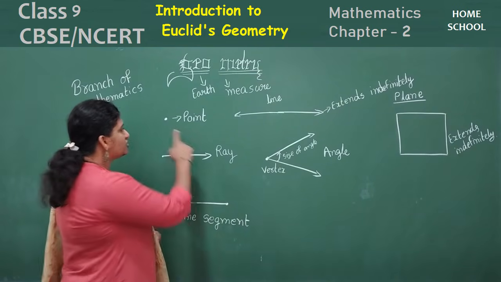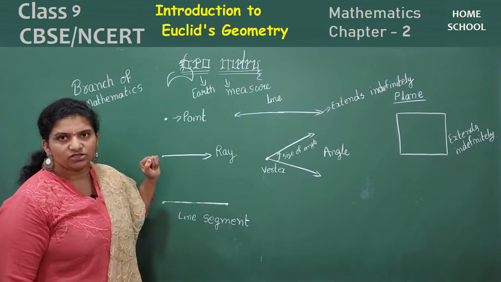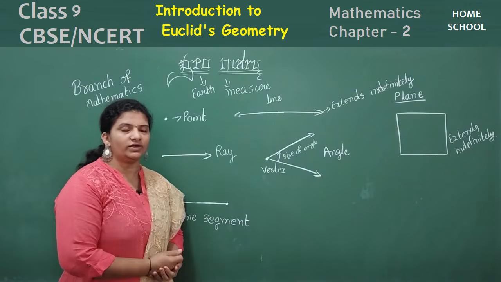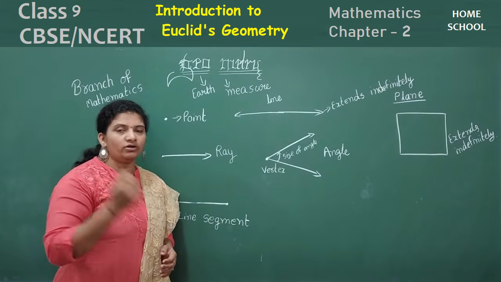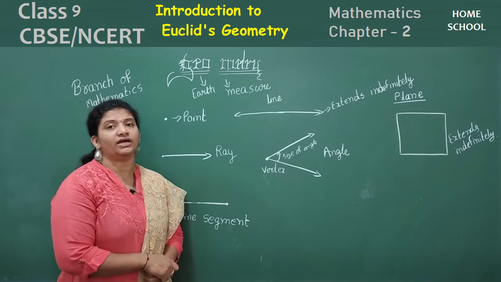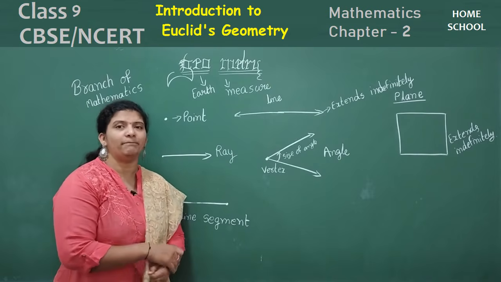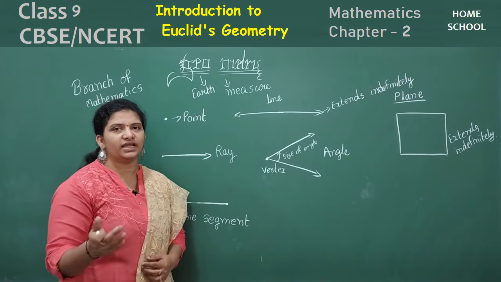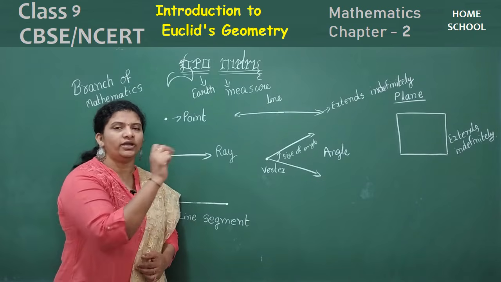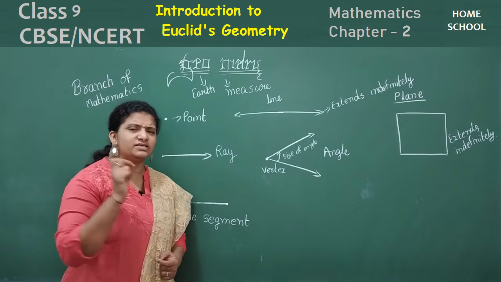So can you see here, children, a point? What is this? This is a point. We used to hear the phrase: mark a point on a line, or mark a position in your graph, or mark a point in your map. Show your state or anything with a point you mark there. So what is this point?